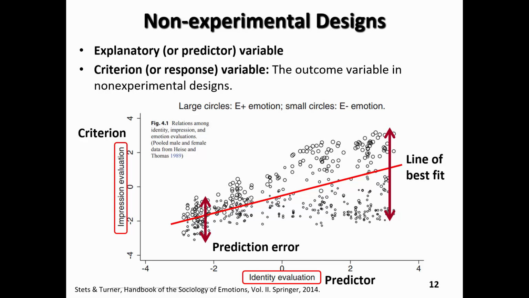And so oftentimes the prediction error across the entire range of the predictor variable will be fairly consistent. Here we're just making an eyeball assessment that as we go from left to right, the magnitude of the prediction error tends to increase as well. And there are statistical techniques to quantify the magnitude of that increase in the prediction error.